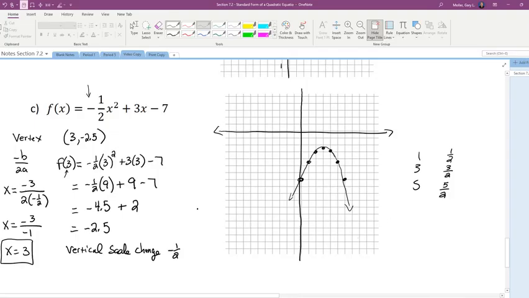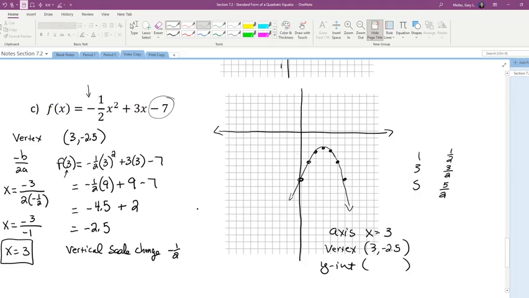Axis of symmetry: x equals 3. Vertex: 3 and negative 2.5. Y-intercept should be at negative 7, because when I plug in 0, I get negative 7, and it looks like, sure enough, if I count it down, I'm at negative 7.